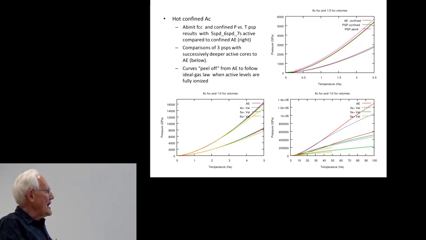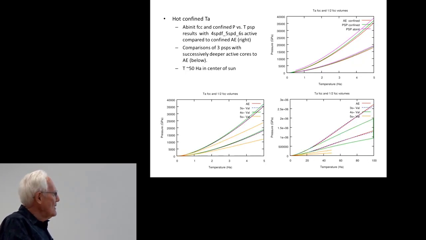Now let's go down here and get hotter than hell, shall we say. That's a temperature of 100 Hartrees. So what we see is that for these different pseudopotentials, which have various numbers of electrons kept active, I want to show actinium first. I guess I skipped it. Well, I'll go back to actinium.